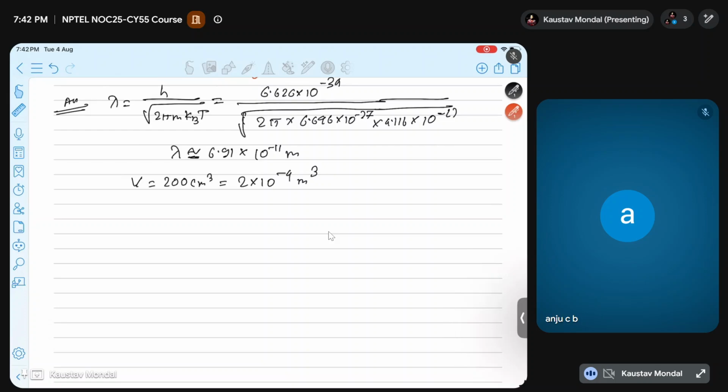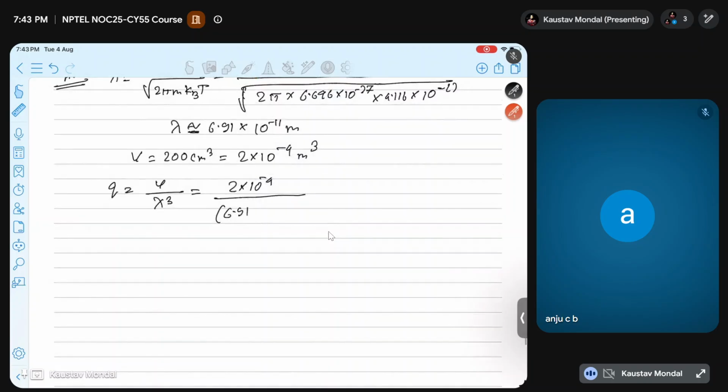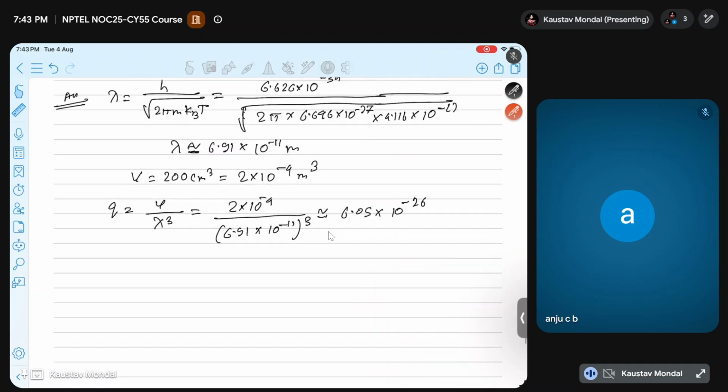Now from here Q becomes V by lambda cube. So V is 2.2 into 10 to the power minus 4 divided by 6.91 into 10 to the power minus 11 cube. This approximately gives you 6.05 into 10 to the power minus 26. So this is the value of the partition function Q for this system.